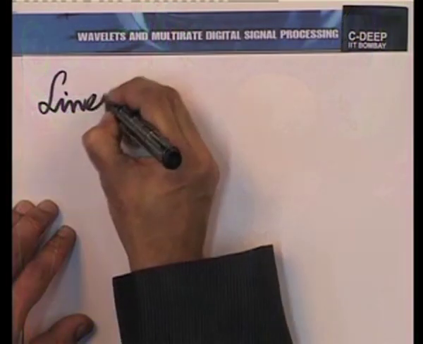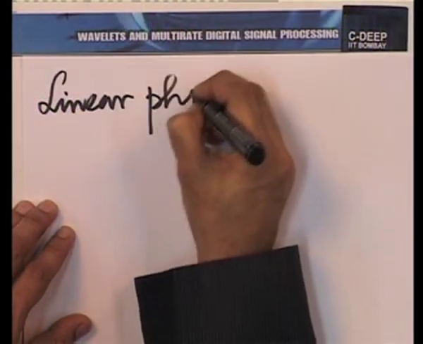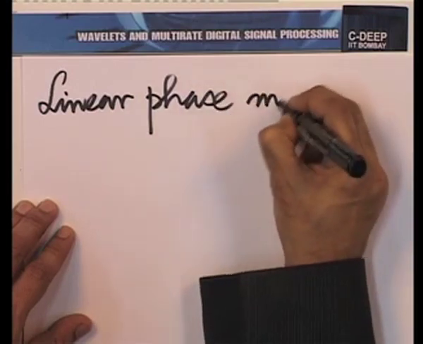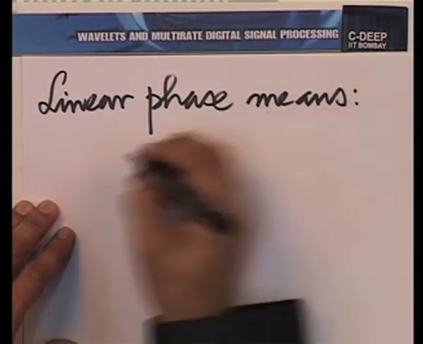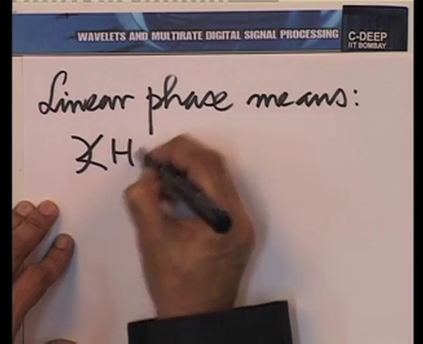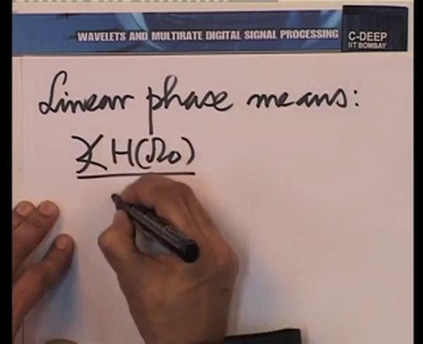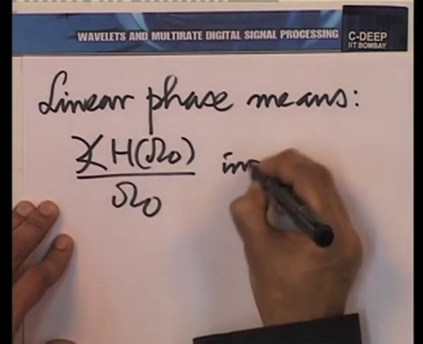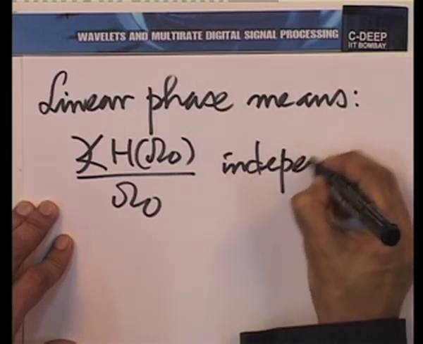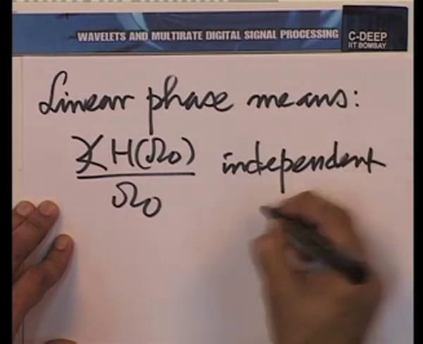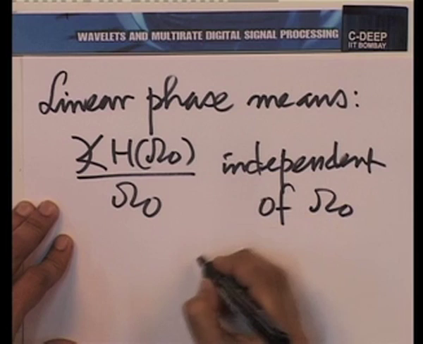Linear phase means angle h omega naught by omega naught is independent of omega naught. That means it is a constant.